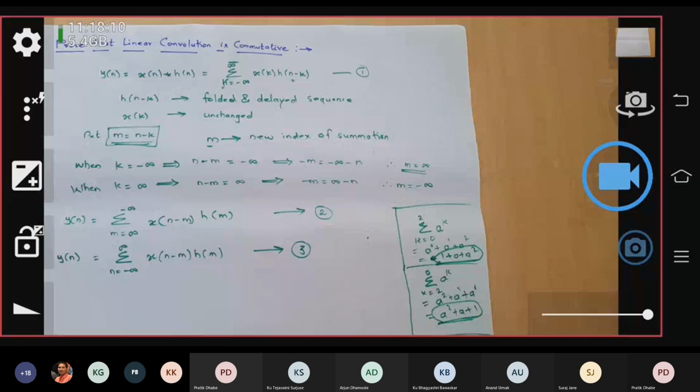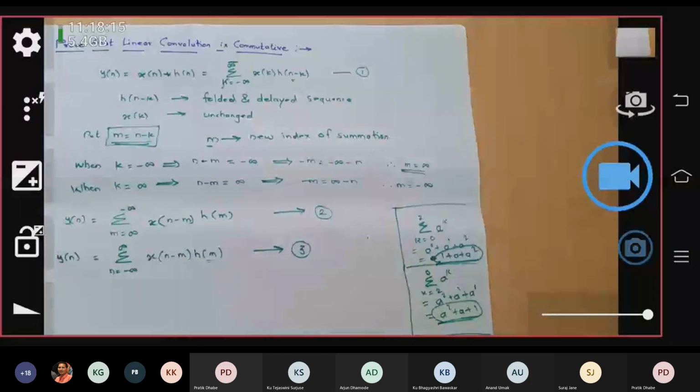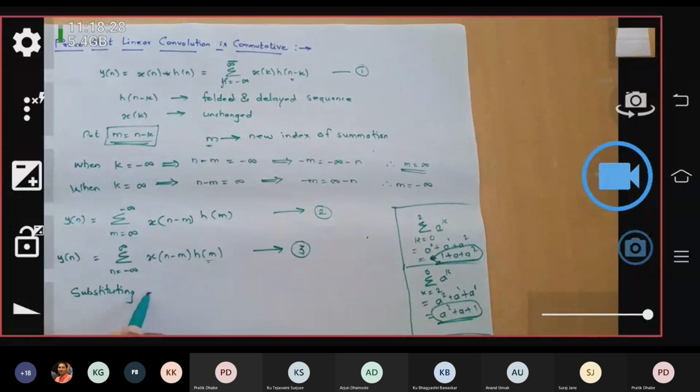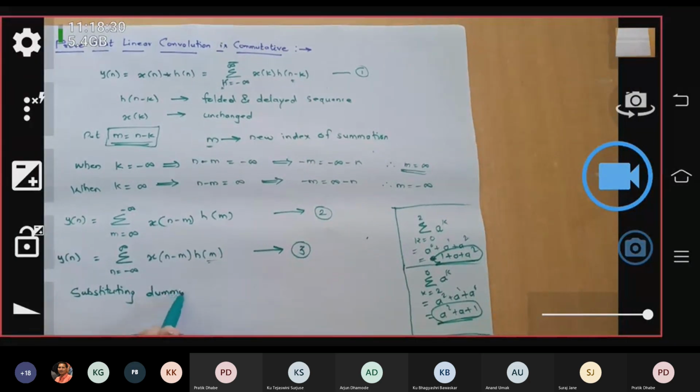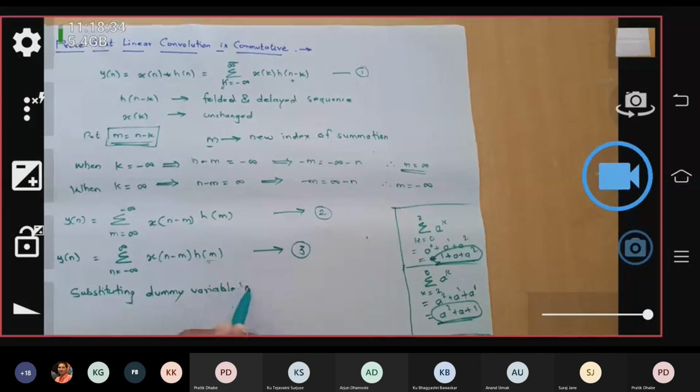Now in equation number 3, we all know that m was any random variable that we had chosen. It was a dummy variable. So let us substitute this dummy variable m by k.